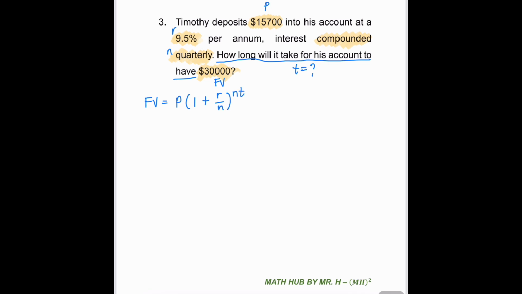So future value is 30,000, equals the principal 15,700 times 1 plus the rate 9.5% divided by 4, because n is equal to 4 compounded quarterly, to the power of 4 times t, which is 4t.